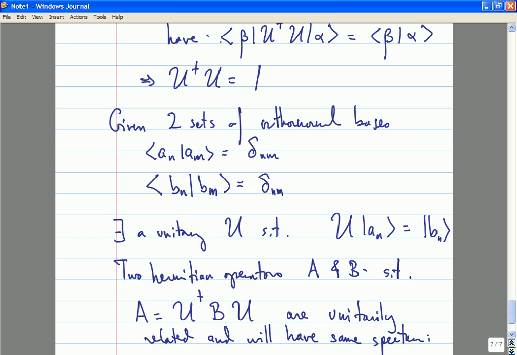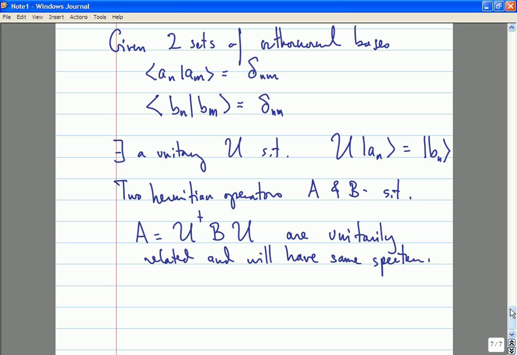Two operators related by conjugation by a unitary operator will necessarily have the same eigenvalues. The eigenvectors won't be the same, because the eigenvectors will be related by the action of this unitary operator, but their eigenvalues will be the same. Sometimes we'll say that they are isospectral. That's just a fancy way of saying their eigenvalues are the same. The number and the degeneracy of the eigenvalues is the same. A spectrum is just a fancy word for the list of the eigenvalues and the degeneracies of the eigenvalues of an operator.